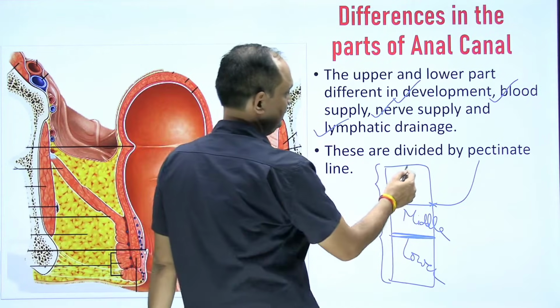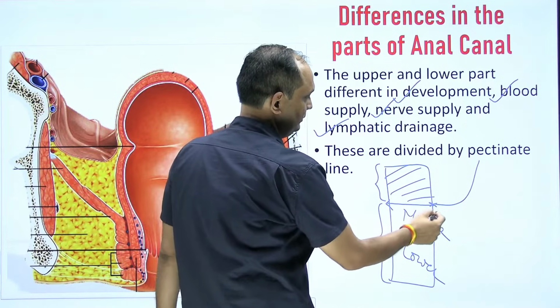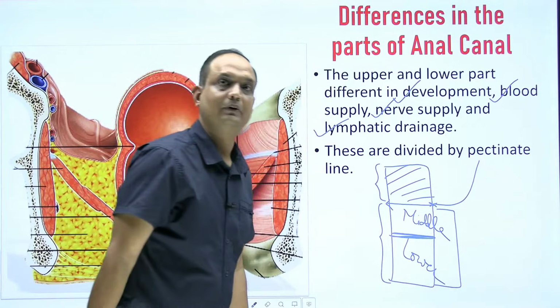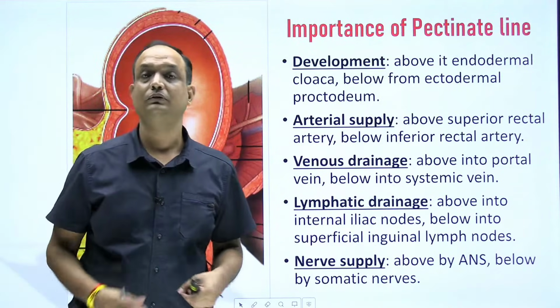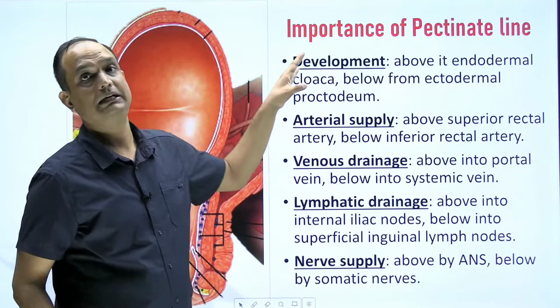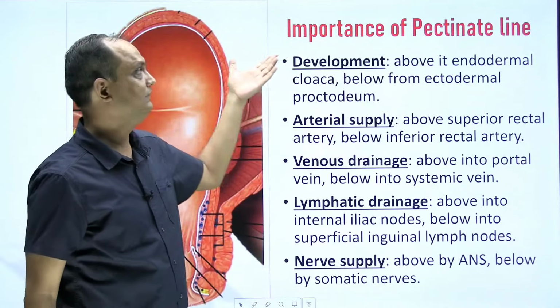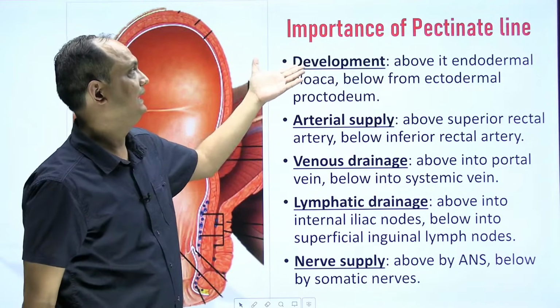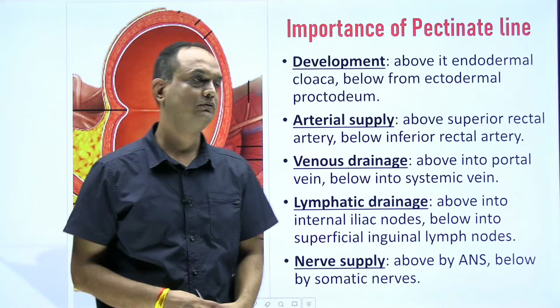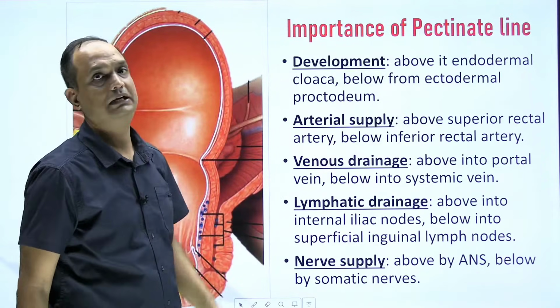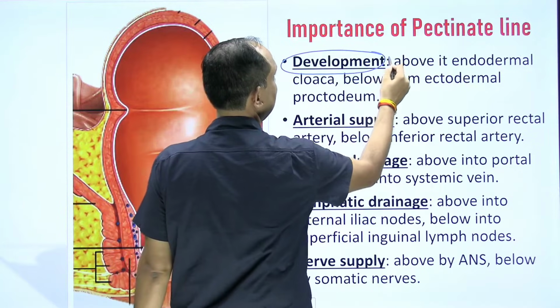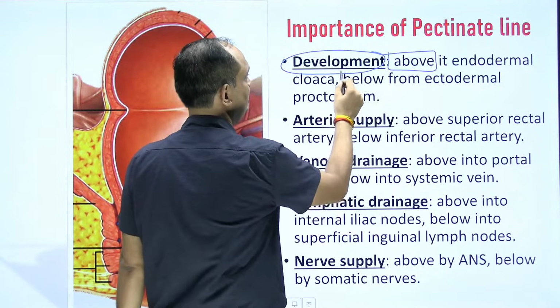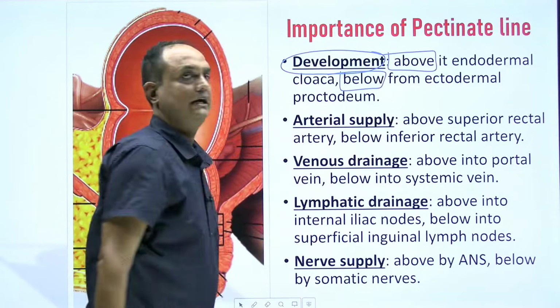This upper portion develops from the endoderm, while this portion develops from ectoderm. So, what are the differences? The difference comes from the pectinate line reference. You will have this question: what is the pectinate line and its importance? When you discuss the importance of the pectinate line, you will find that the development above the pectinate line is endodermal, and below the pectinate line is ectodermal.